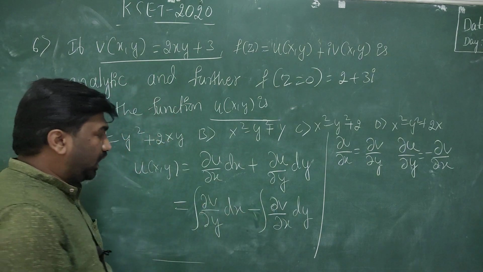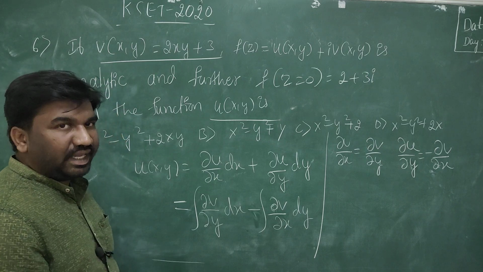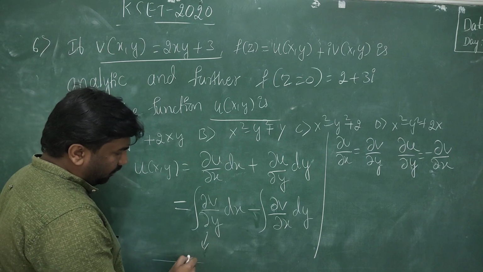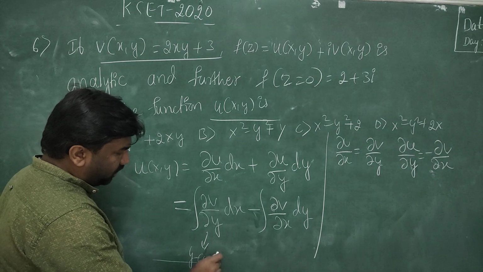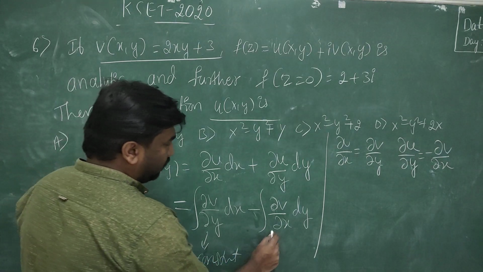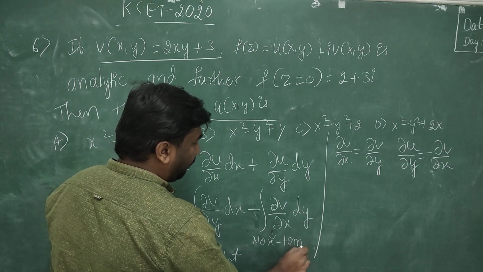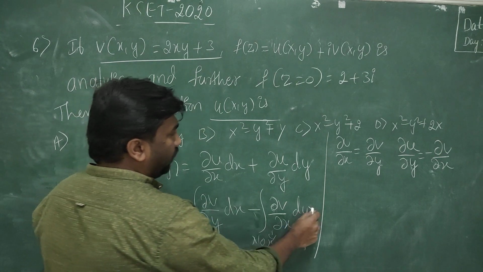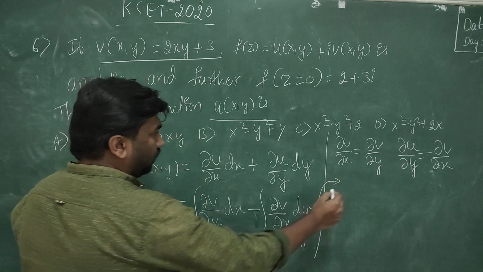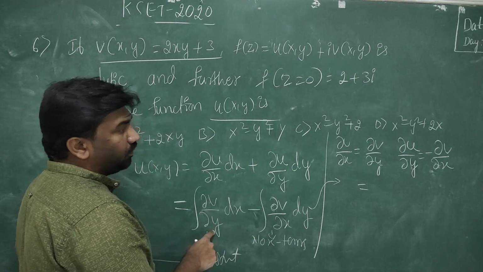Okay. So next, after integrating, here we can use the trick, that is keep y constant. Y is constant and no x term. Therefore, it is equal to dou v by dou y.